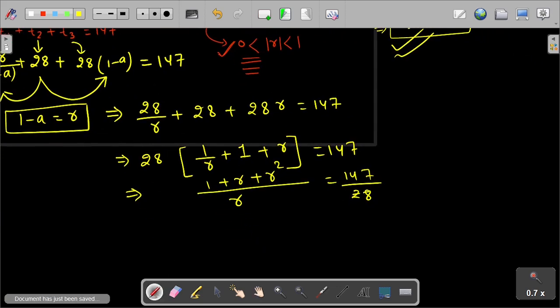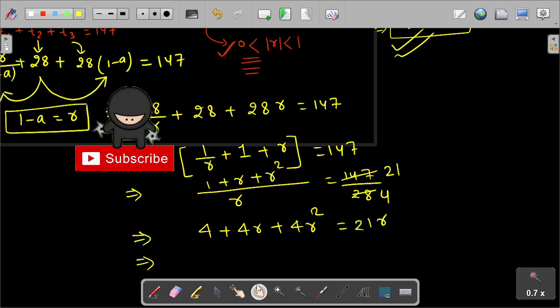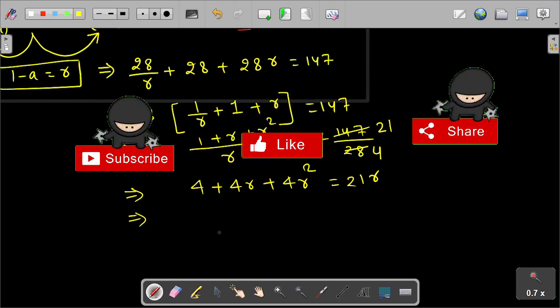Dividing by 7, 147/28 becomes 21/4. So we can write 4 + 4r + 4r² = 21r. Still we can rearrange this in the standard form of a quadratic equation.